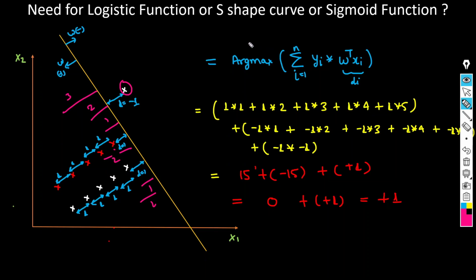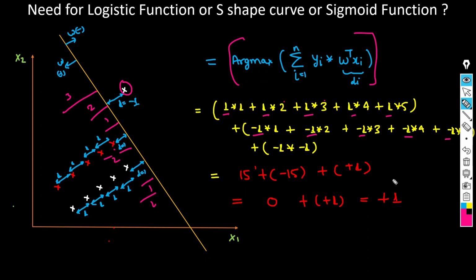So if we calculate the output of this equation, then this will be your 1, 1, 1, 1 for the positive points, and for the negative point this would be your minus 1. It means class value. And the distance for the first point is 1, second point distance 2, third point distance 3, and so on. We have only 5 points, and the negative point distances are also the same, 1, 2, 3, 4.